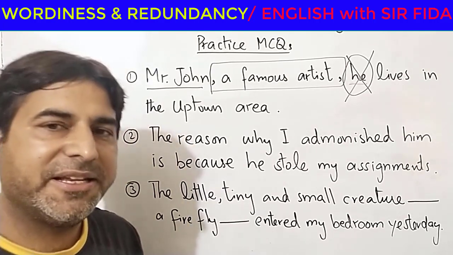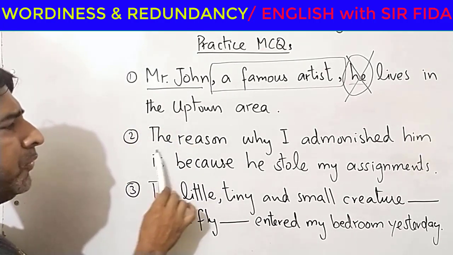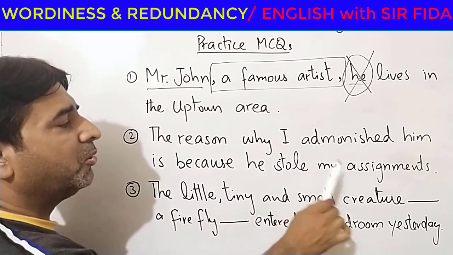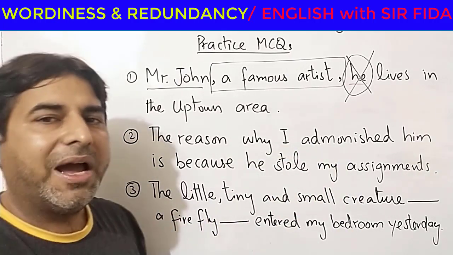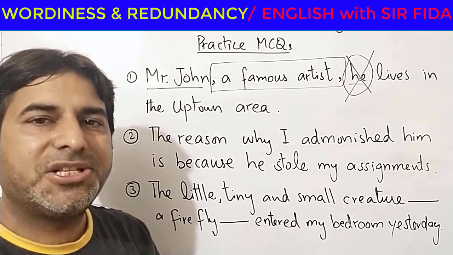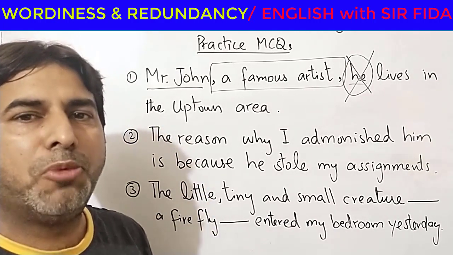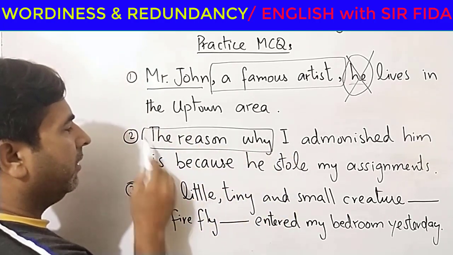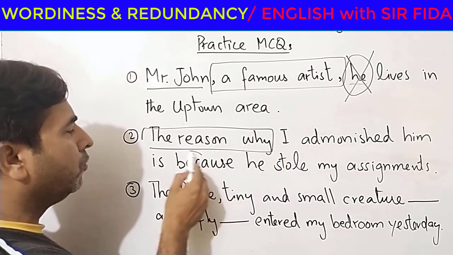Now look at the second example. The reason why I admonished him is because he stole my assignment. You know, the idea has been elaborated, exaggerated, or stretched by using more words. The reason why is synonymous to because.